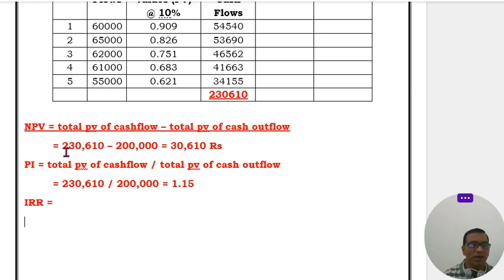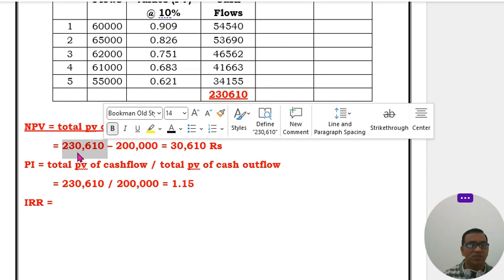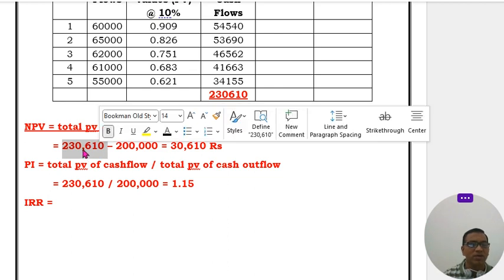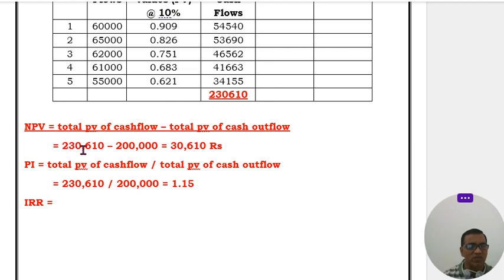In this problem, we have to decrease the value. This 23610 should be 200,000. That is the IRR actually. To decrease the value, you have to increase the rate of return. Increase the rate of return means increase the discount factor.